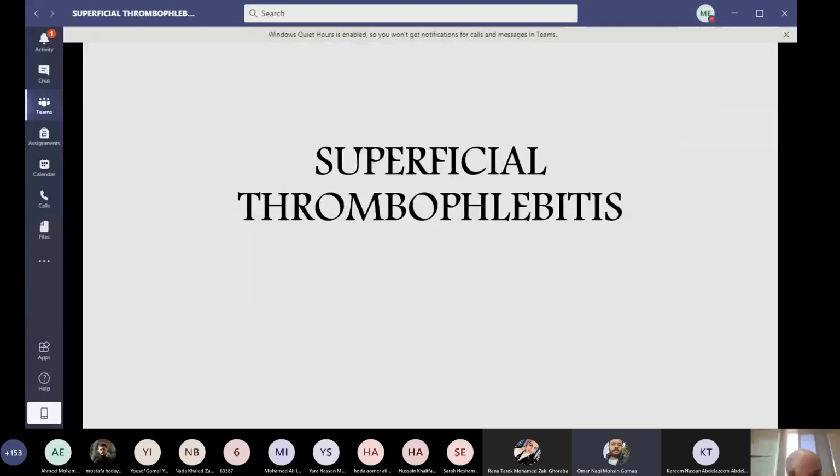Superficial thrombophlebitis is the thrombosis of the superficial veins.